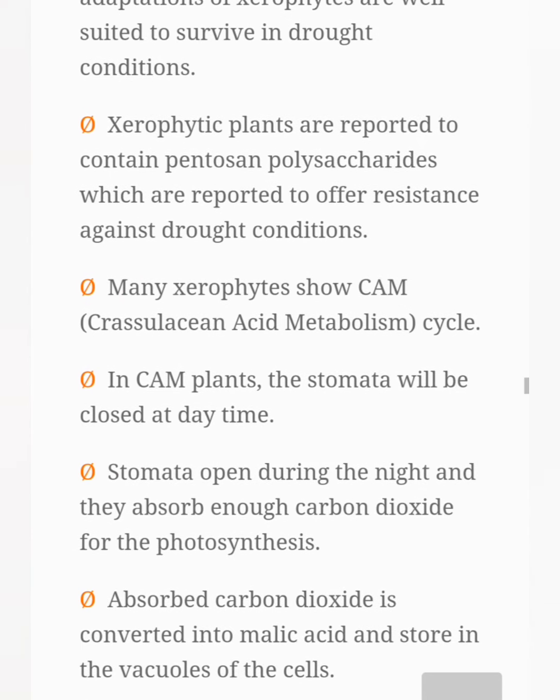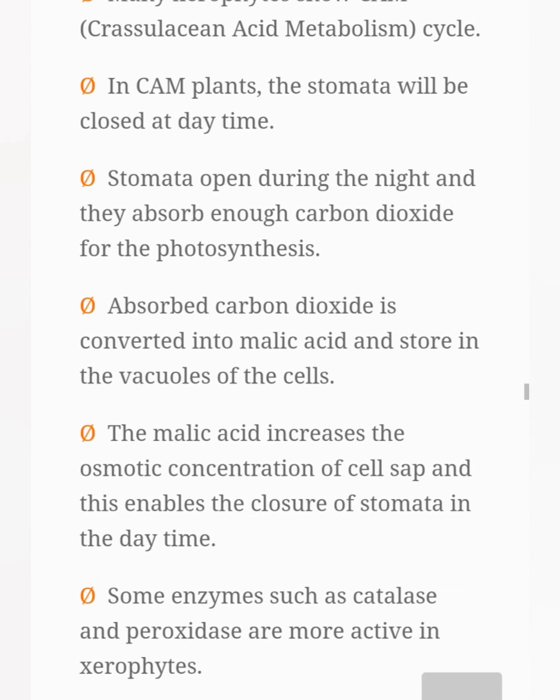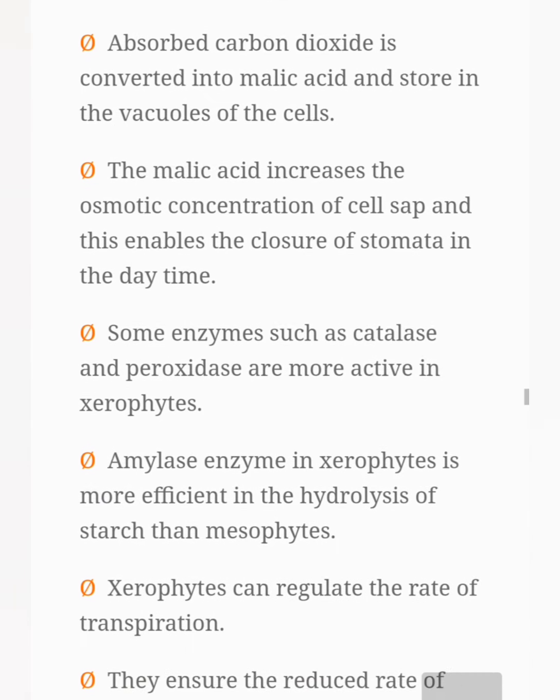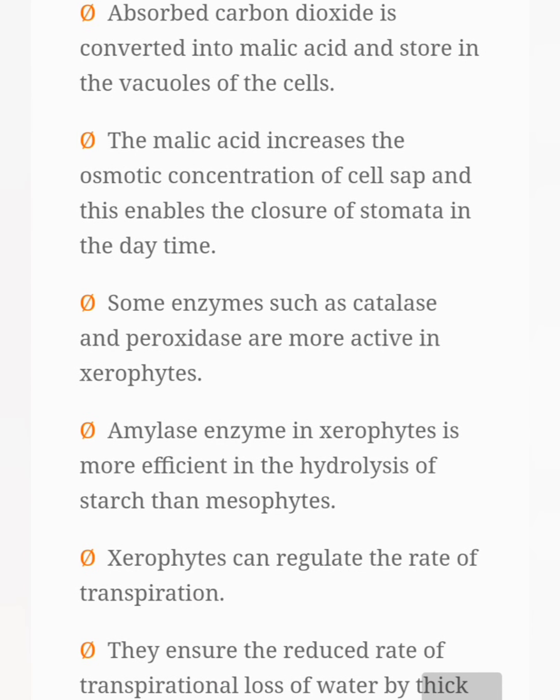Now, another type of physiological adaptation is enhancing the enzymatic activity. So you can see this point here. Enhancing the enzymatic activity means that several enzymes, for example catalases, peroxidases and amylases, become more active in xerophytes as compared to other plants.